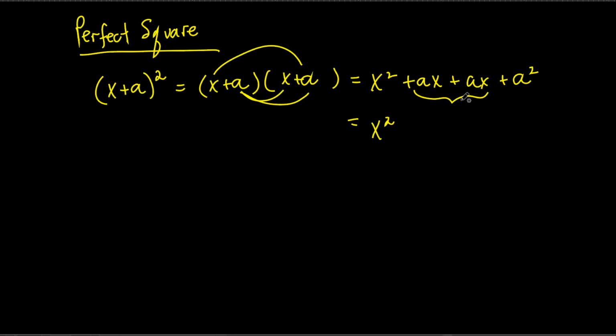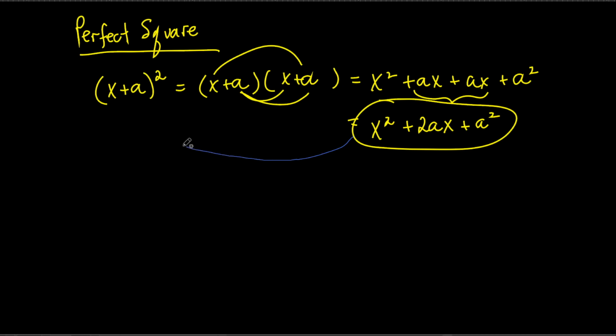Before they canceled out because one was negative, one was positive, but we don't have that here. So what's 1ax plus 1ax? 2ax. That's it. Plus the a squared. Okay? So this is equal to that. You with me?